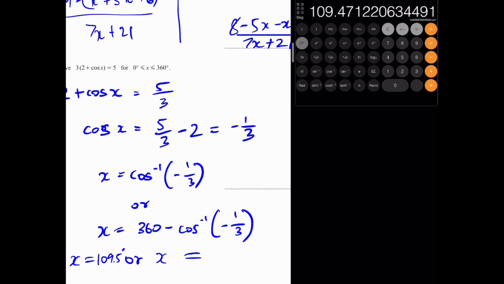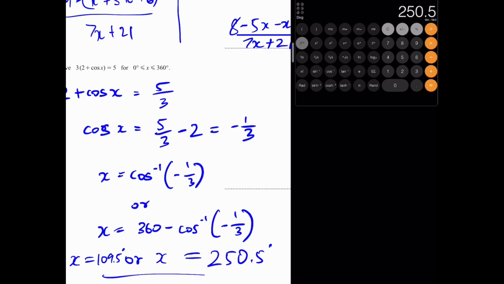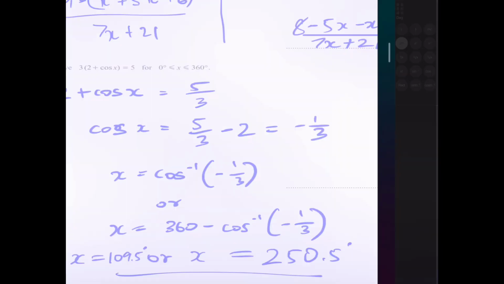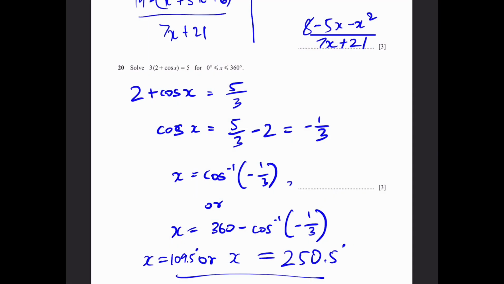Or x is equal to 360 minus this answer. So 360 minus 109.5 is 250.5 degrees. And that's our answer. Let's write it down: x equals 109.5 degrees or 250.5 degrees. That's the answer.